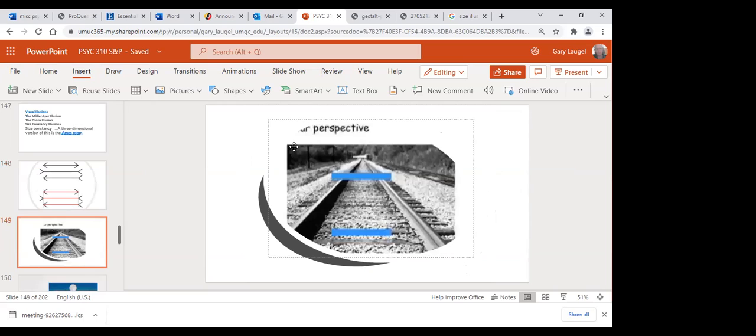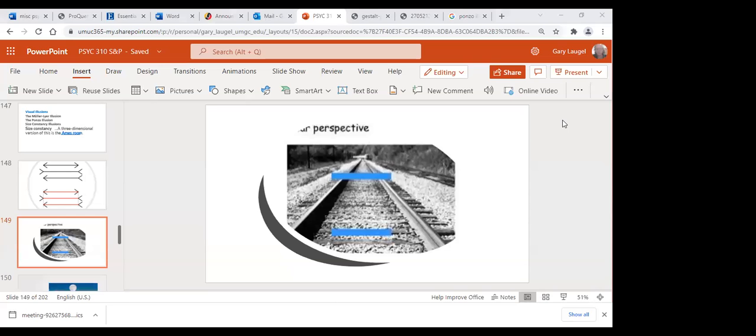In some of these illusions, for example the famous railroad track illusion, or the Ponzo illusion as it's called, notice that if the Ponzo illusion works for you, then you may see that the blue bar, the bar that's higher up in the picture, appears larger.